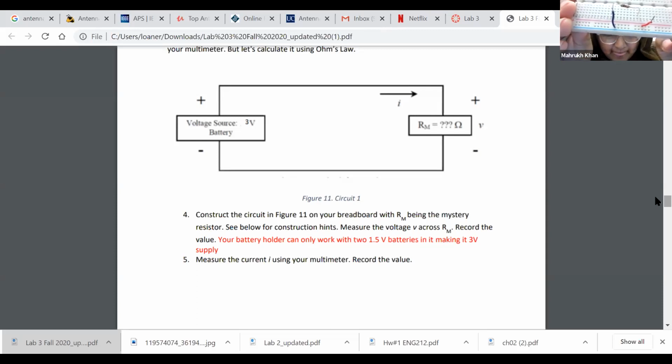Now I should connect my positive to the one leg of the resistor like that. Okay. Is it clear?